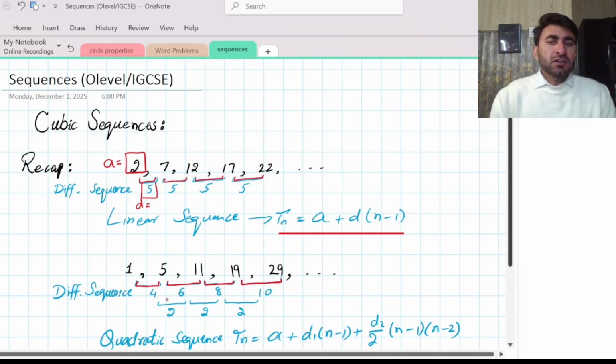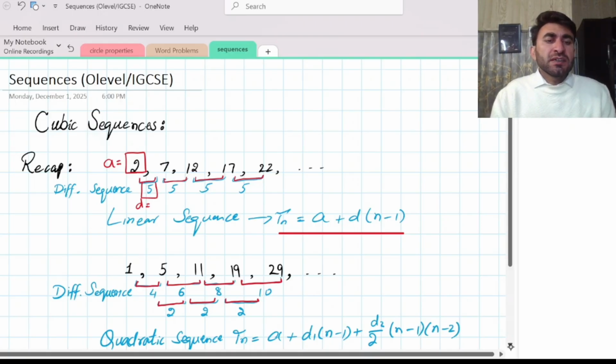As we see, it is not a constant sequence, so we find the second difference sequence. The second differences are 6 minus 4 is 2, 8 minus 6 is 2, and 10 minus 8 is also 2. So we see the second difference sequence is a constant sequence, so it is a quadratic sequence.